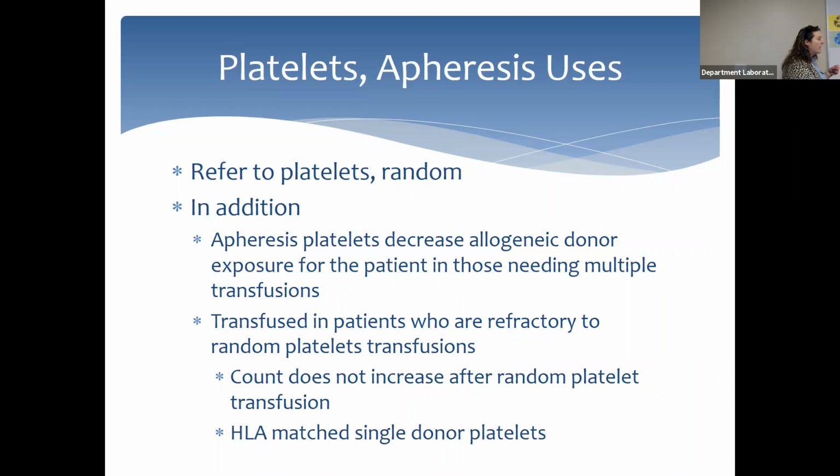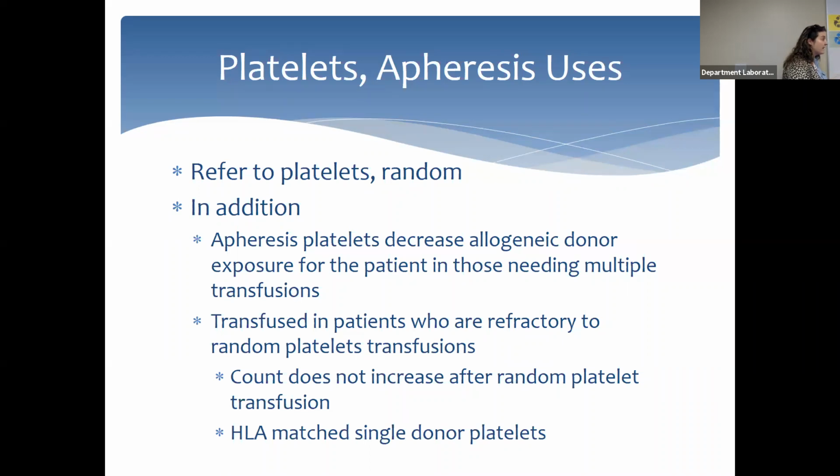Remember, we talked about how the white cells have HLA antigens on them as well. Platelets have HLA antigens on them too. So we saw this a lot here at UAMS. If your patient has an HLA antibody, that antibody could attack the platelets and keep those platelets from benefiting your recipient, all right?